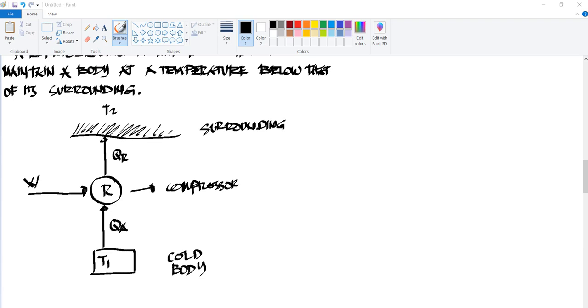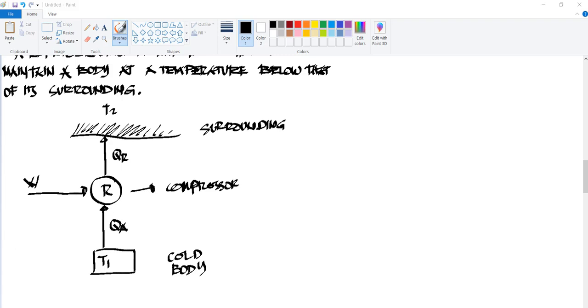So we have here a schematic diagram. From T1, the cold body, you have heat absorbed by the refrigerating machine or compressor. You will supply a work. Now it will be rejected to the environment, T2, the surroundings. This is the representation of a refrigerating machine, where the machine R absorbs the heat.